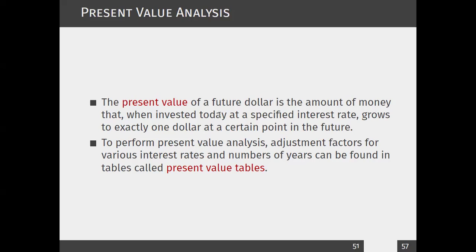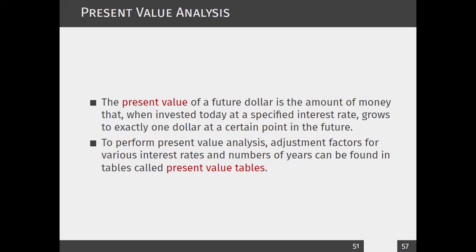In present value analysis, we consider future values, the future dollar amount of money. If you say 100 rupees next year, what is the value today? Or take $1: to get $1 after 1 year, how much do you have to invest today? That's what we look at in present values. Usually this is calculated and given in tables.